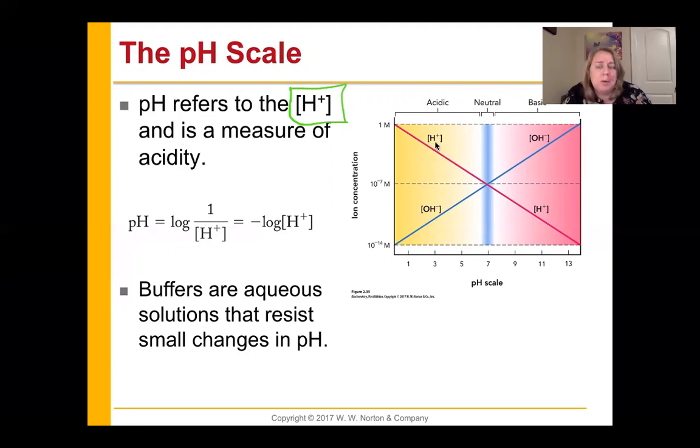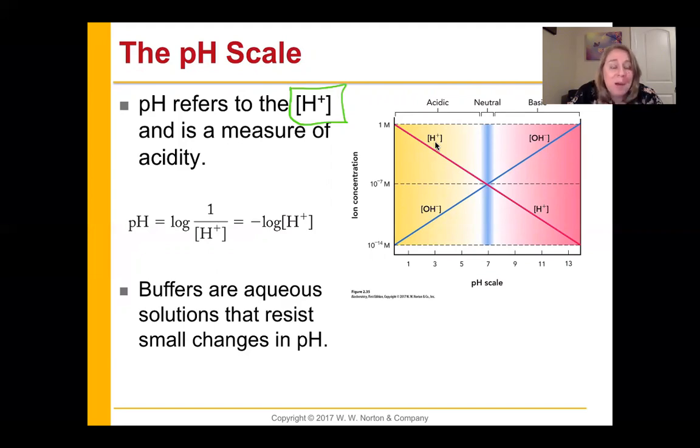We know the pH scale is logarithmic. So if you talk about a pH change of 1, you go from 7 to 8. That's a 10-fold change in the concentration of hydrogen ions. And so a lot of things are going to go wrong when you start changing pH.